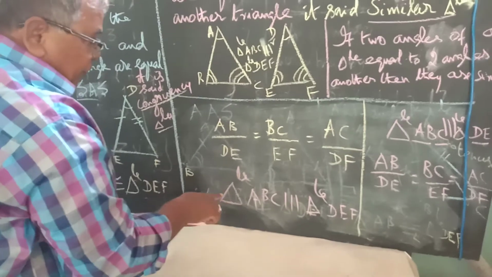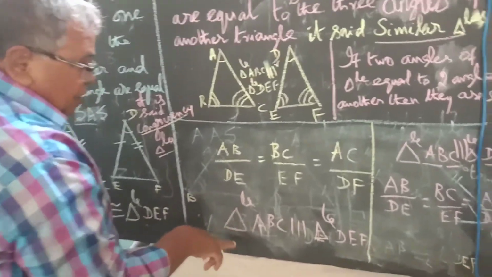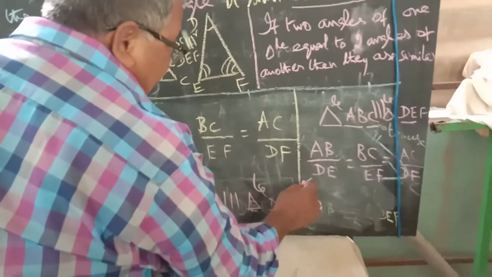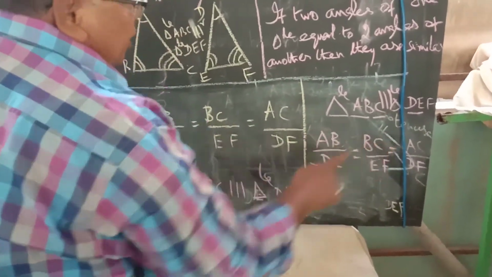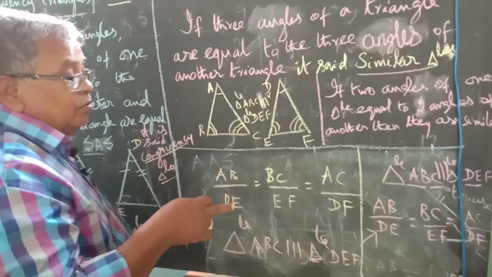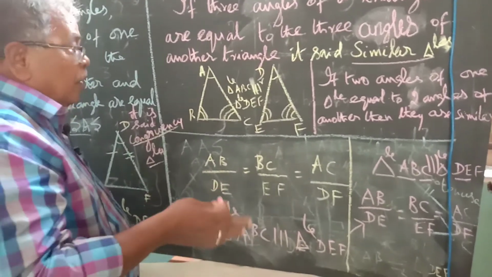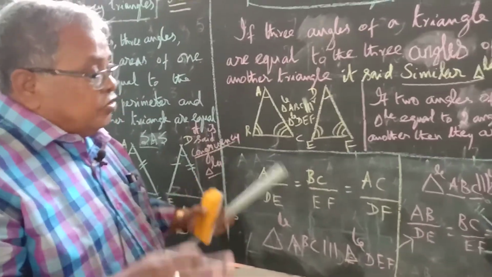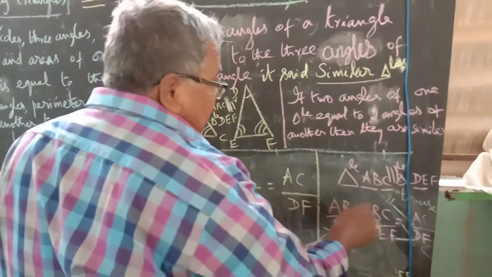Now, if triangle ABC is similar to triangle DEF, then the condition is that the ratio between the corresponding sides is equal. So how to write the corresponding sides without memorizing? By using this figure and going through it, straight away you can use this technique.